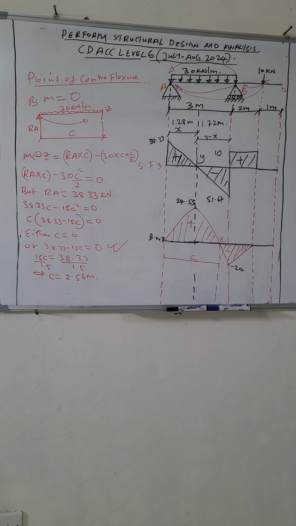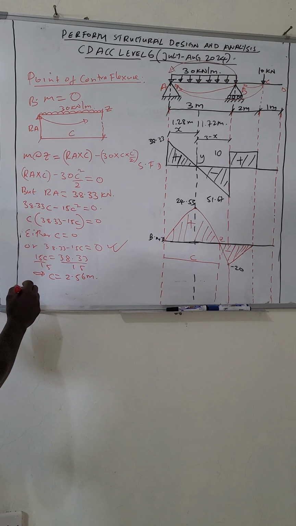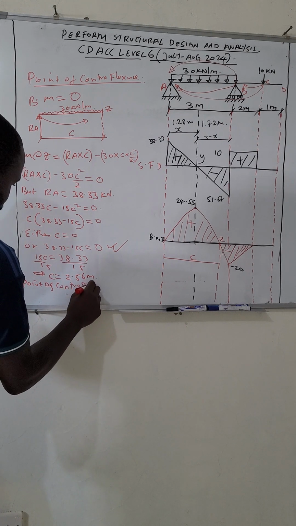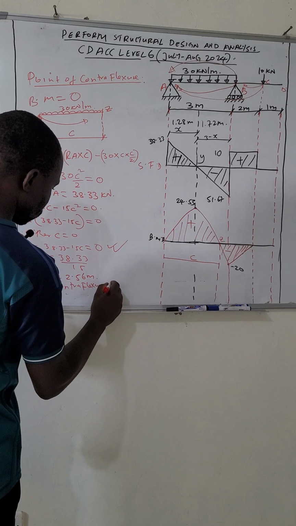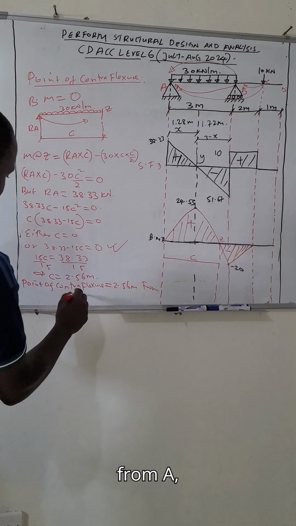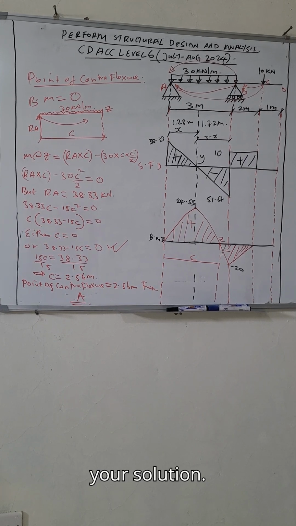So the distance is 2.56 meters. You can say that the point of contraflexure is equal to 2.56 meters from A, and you are done with your solution.